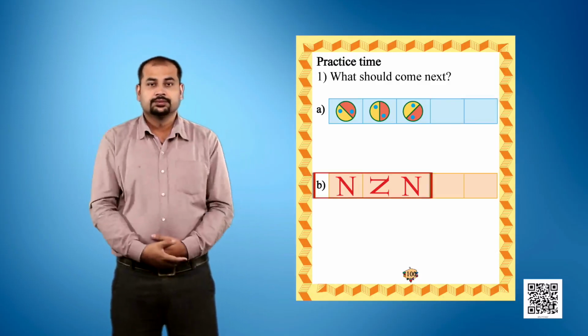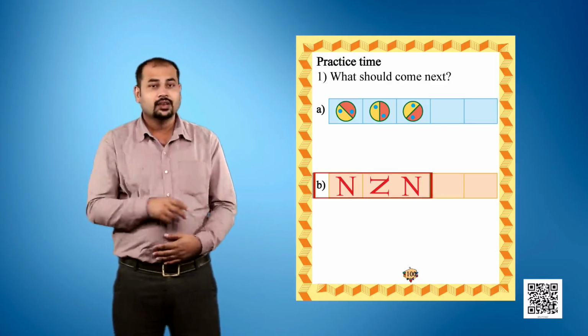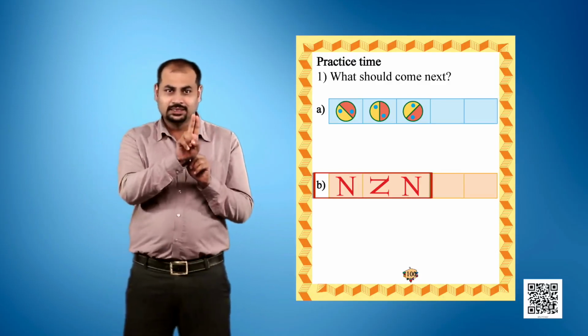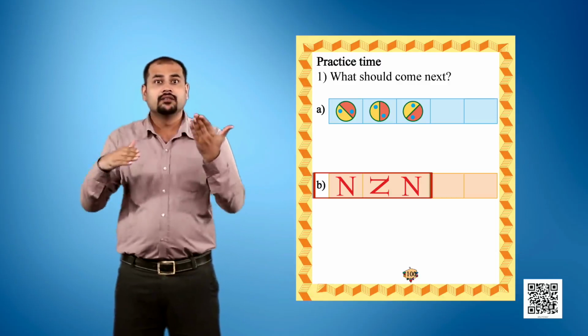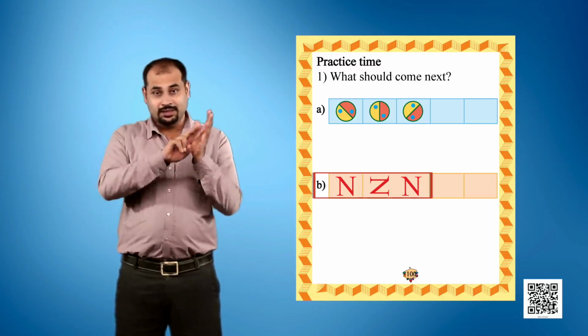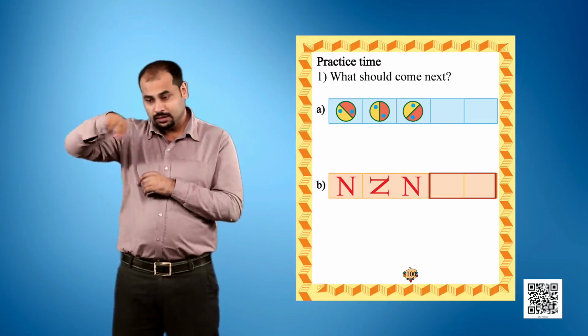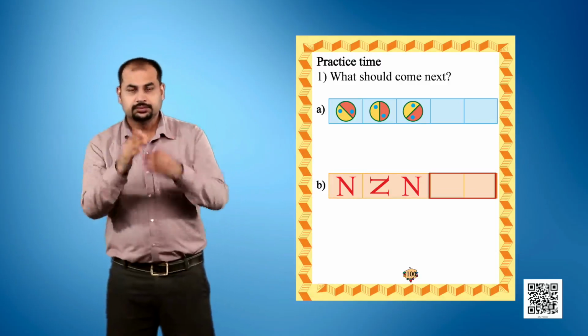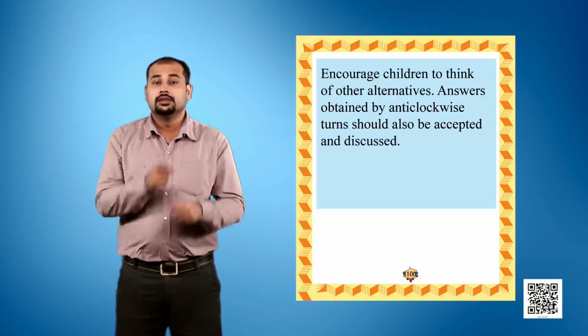B. We see the letter N again repeating with a half turn. 3 instances of this repeat are shown. 2 blank spaces are provided for you to draw the pattern. For the teacher.